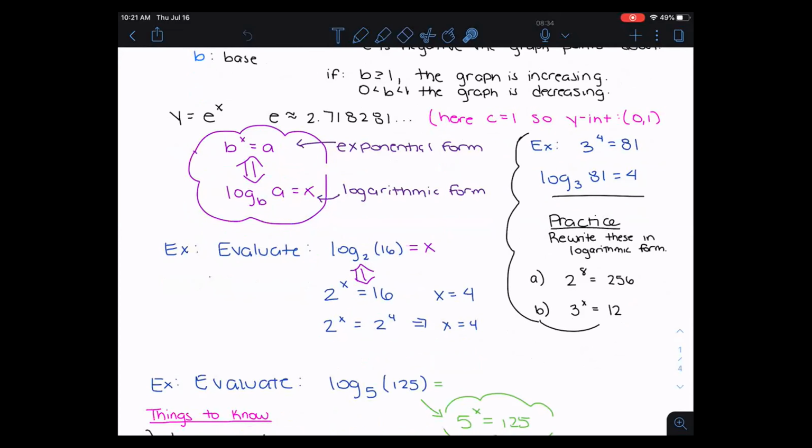Your exponent goes on the other side. I'll give you about 2 minutes to do this.